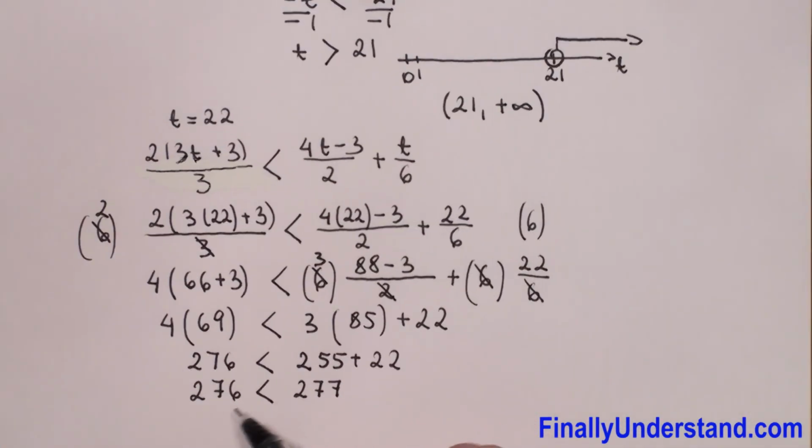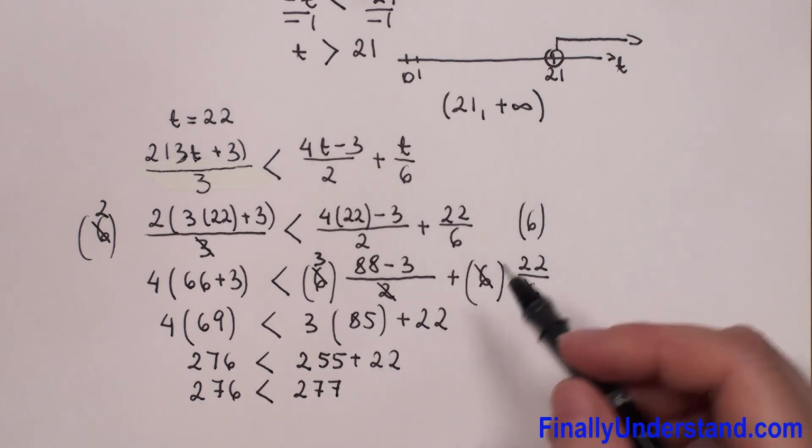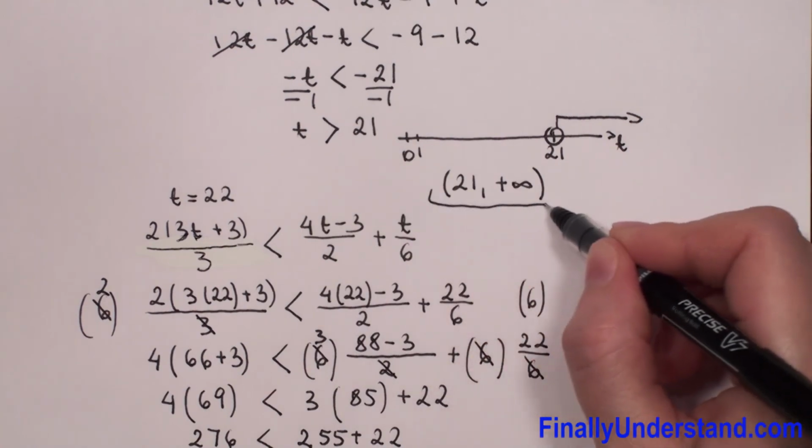As we can see, the left side is less than the right. It means our inequality is true, so our solution is correct.